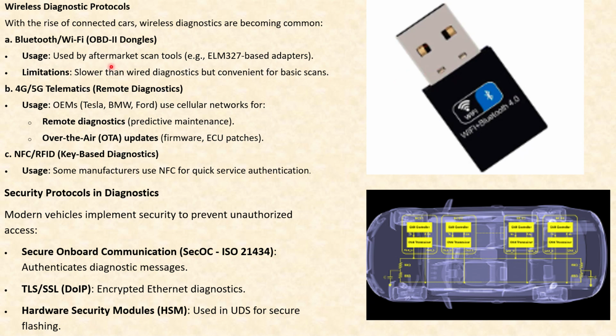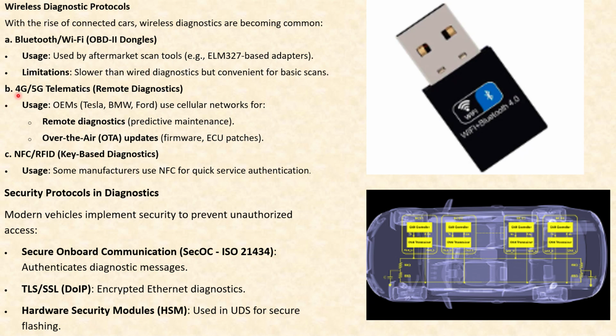A lot of OBD dongles are available on eBay, Amazon, Flipkart, and there are a lot of individual manufacturers marketing them through online websites. It is used by aftermarket scan tools, for example ELM327 based adapters. Limitations: slower than wired diagnostics but convenient for basic scans.